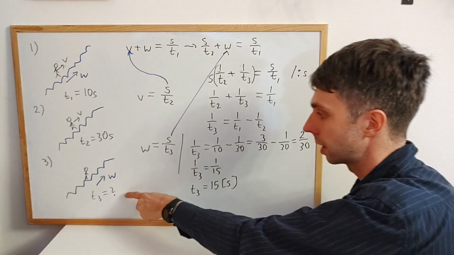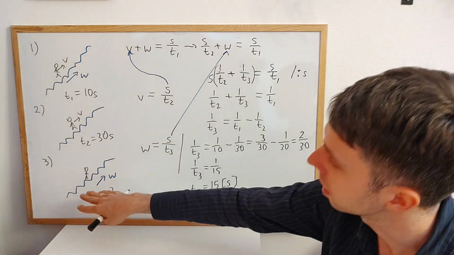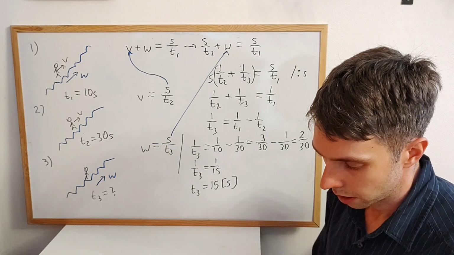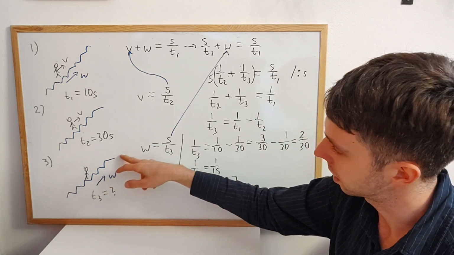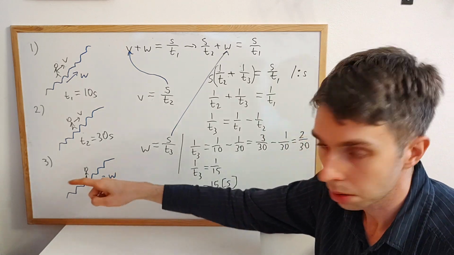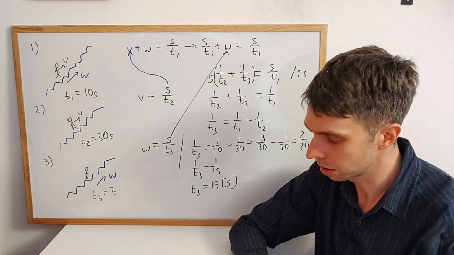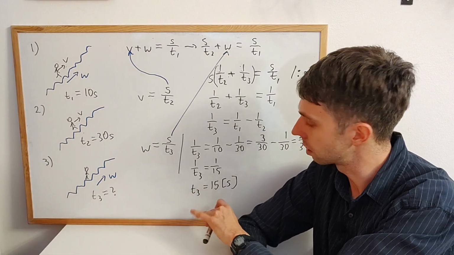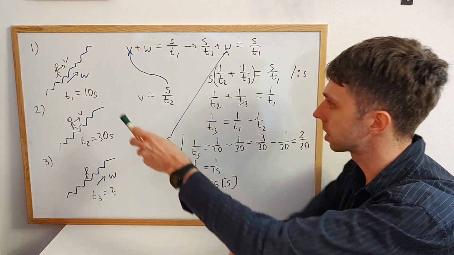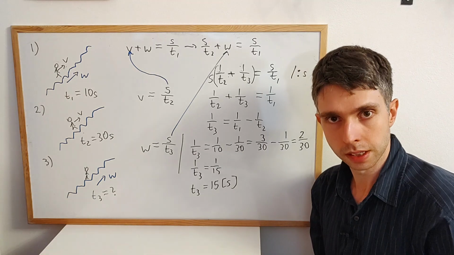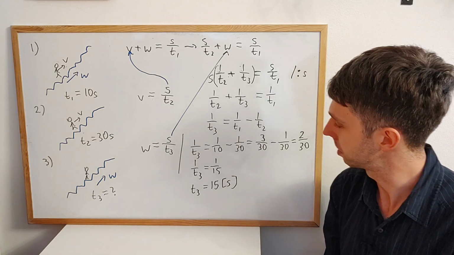So that's the time in which he will travel through this escalator when just standing on it. You see that it looks reasonable, because it's a little bit faster if he climbs at the same time.